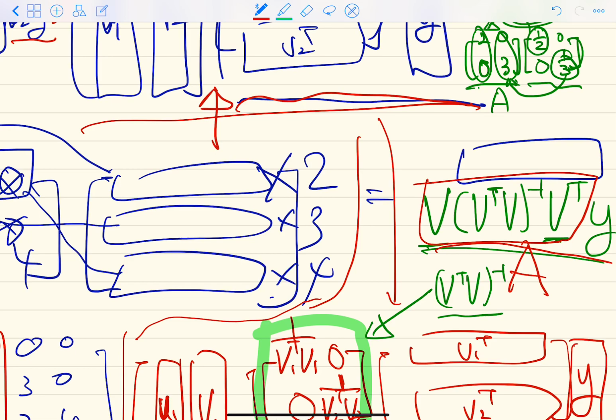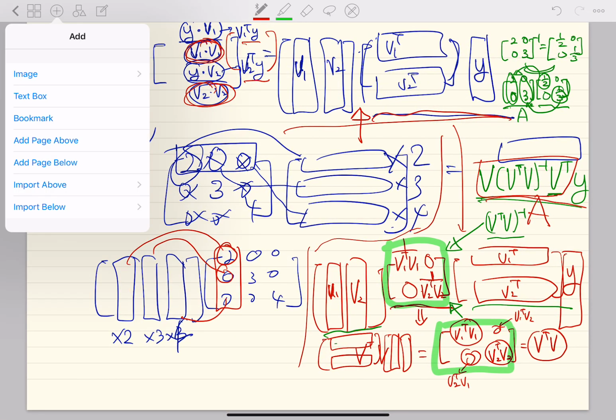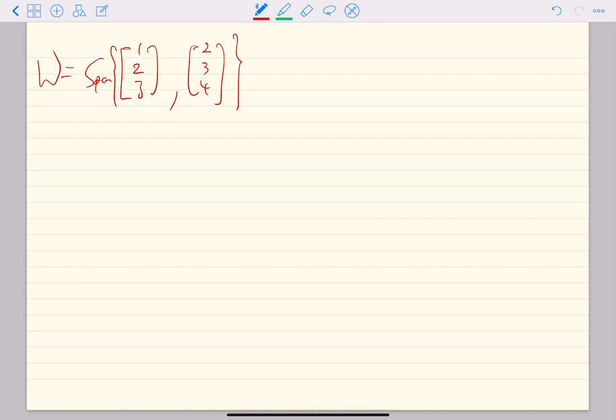But what if we have non-orthogonal basis vectors, for example 1, 2, 3, and 2, 3, 4? They are certainly not orthogonal to each other, but we can think of their span and the corresponding subspace W. Still, that will be a plane with dimension 2, right?